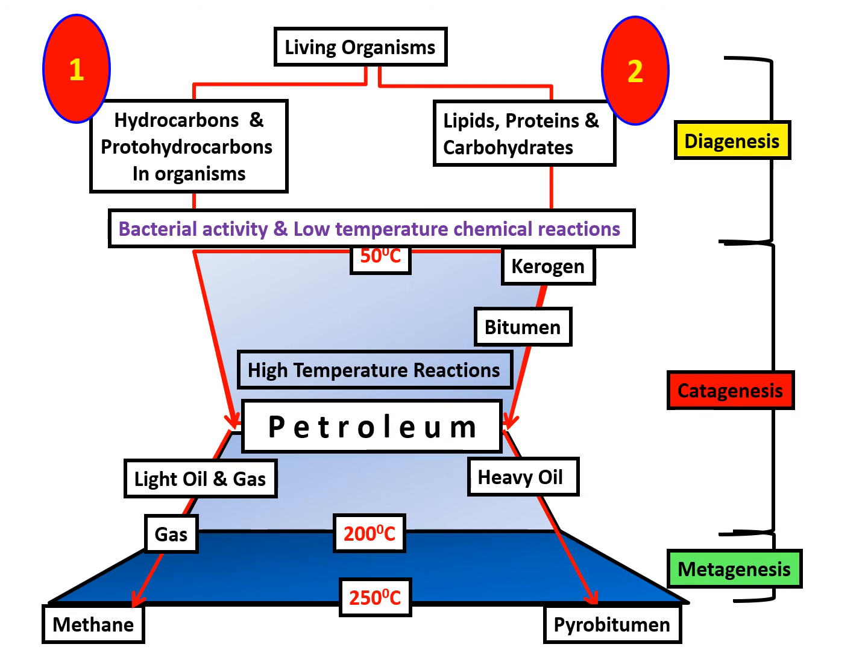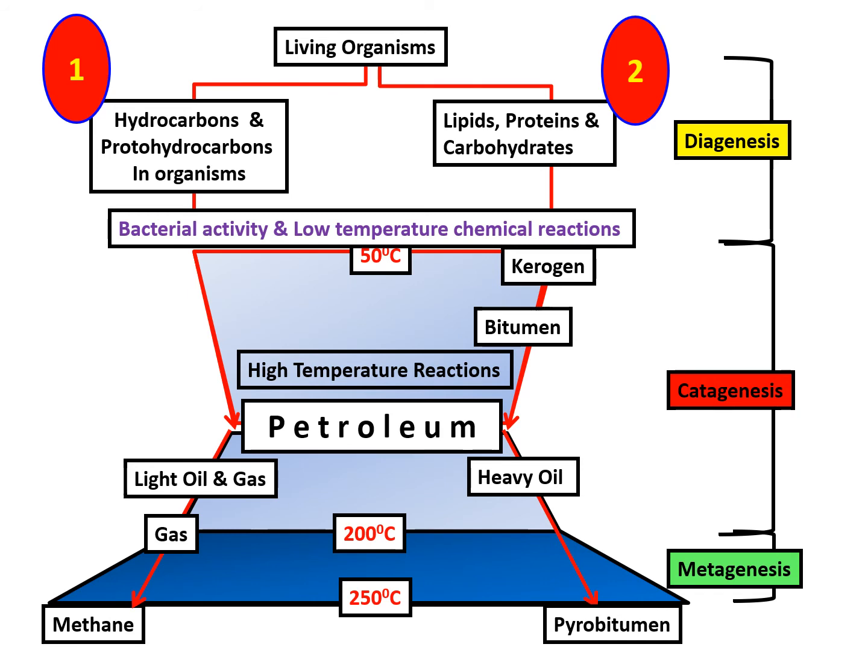Okay, if the petroleum is buried deeper with increasing temperature, this petroleum may change along two pathways: one leading to increasingly smaller, hydrogen-rich molecules, of which the end product is methane, and the other leading to larger, hydrogen-poor molecules, of which the end products are pyrobitumen or graphite.